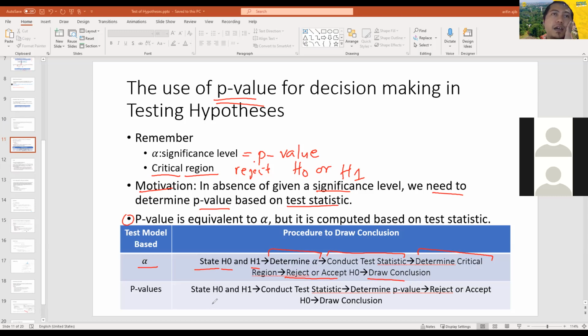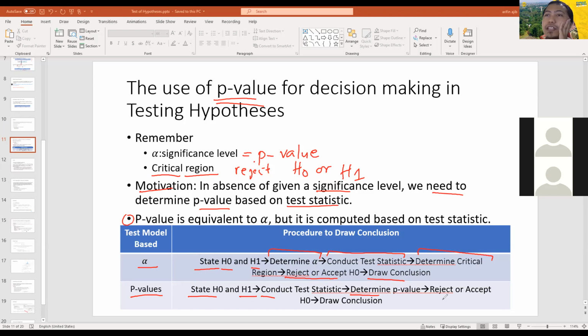In contrast, if we use the p-value, first we state the null hypothesis and the alternate hypothesis, which is almost similar. But since we don't have a significance level, we jump to conducting the test statistic and determining the p-value.